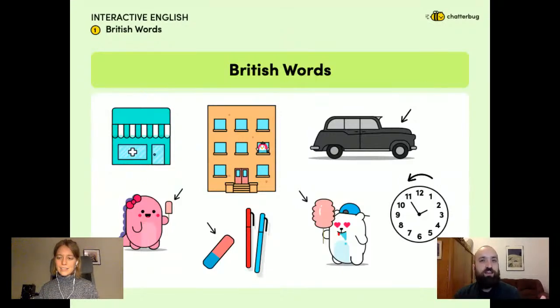What field of science is medicine or drugs? Pharmaceuticals? Chemistry. Yeah. So you'd say, where's the chemist? The chemist? Really? Yeah, that's what my mum would say. I did not know that.